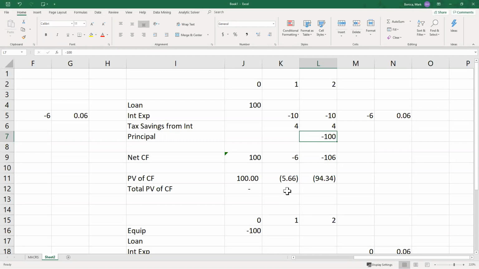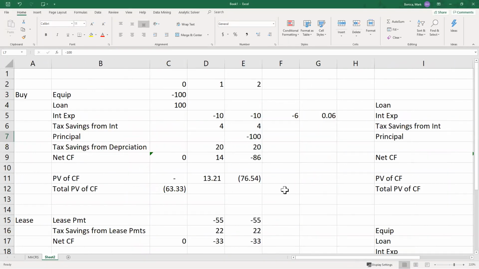So what's my point? My point is that when you do a calculation for a purchase, you don't have to include the loan or the interest expenses or the tax savings or the payment back of the principal. In other words, you can just delete this whole piece.